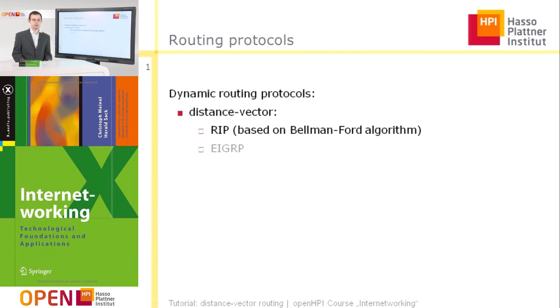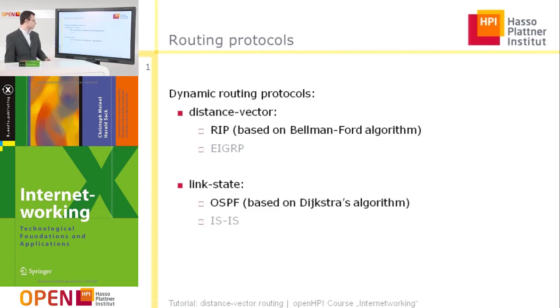In the distance vector protocols, the routers exchange the information about distances to all the destination networks with each other, and based on this distance information, they choose the next hop to every destination network. The second class is link state routing protocols.